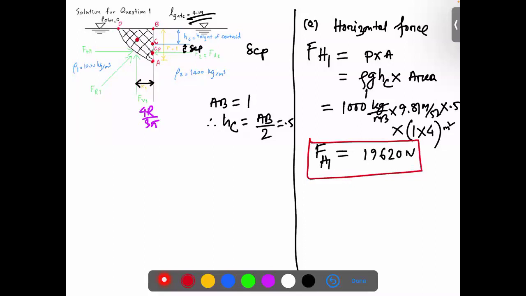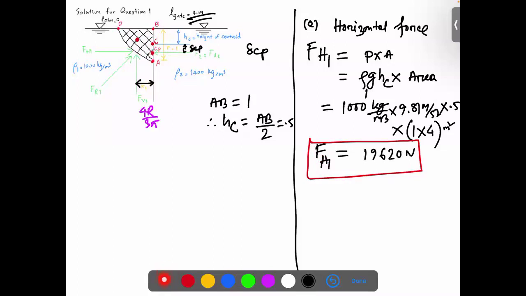Okay, the horizontal force. And now we can calculate the location, where exactly the horizontal force is acting. So we know it should be at this position. That means we can say this height and this delta Cp.